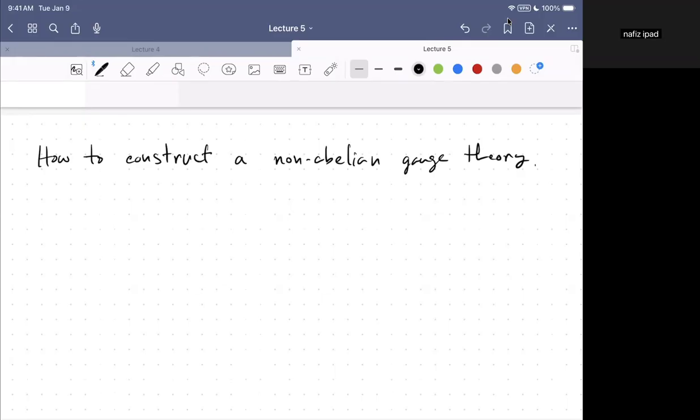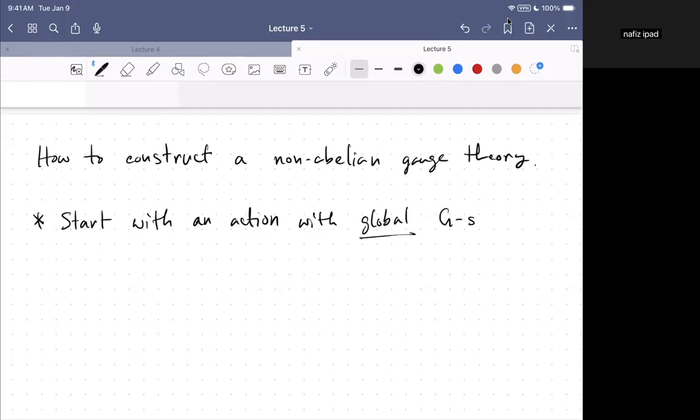And there are many ways that you can construct these kind of actions. Some of the simpler ways, and one that we discussed, was that you start with a theory that has a non-abelian global symmetry. So you start with an action with global G-symmetry.